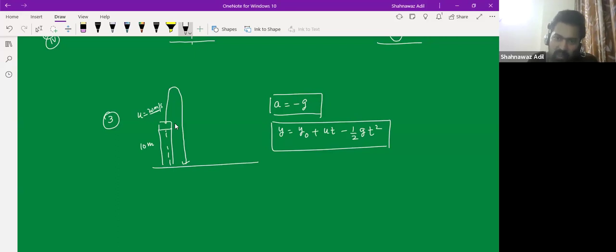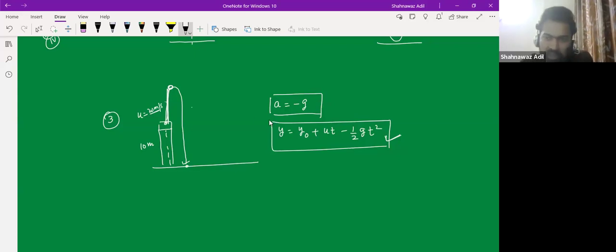I will ask what time it takes to reach the ground. So total time I will have to calculate. One idea is to divide this into two parts: the upward journey from here to here, and then from here to here. You can calculate the two timings and add them up. But this formula will give you the direct result. This is a very useful relation.